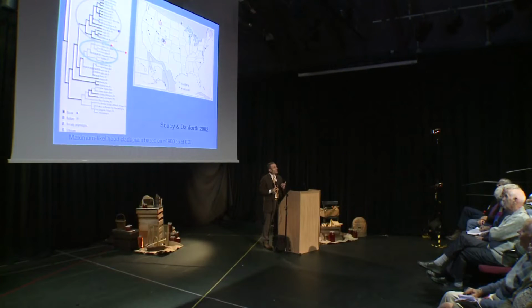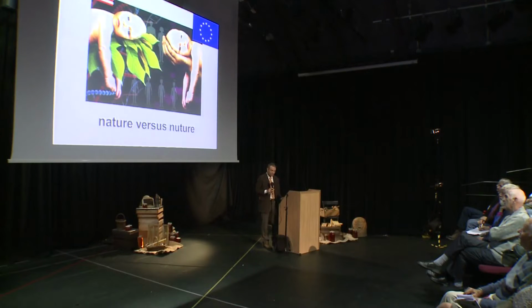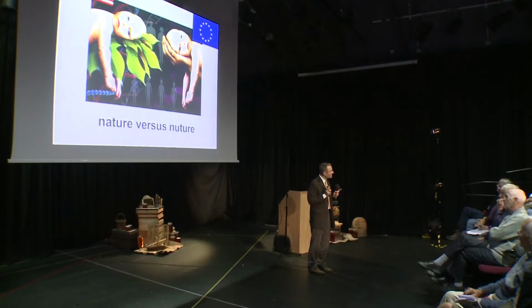What it is in the States is difficult to know. The suggestion from the genetic data is that it's genetic underpinning, but that's not been tested. So I think Nietzsche might be happy that at least in Europe we have social plasticity, whereas for this species in the States, the suggestion only, from the indirect genetic data, is that it's genes that underpin behaviour.